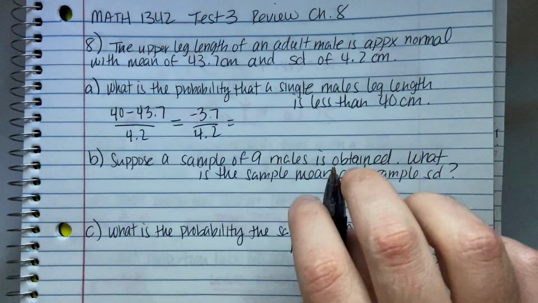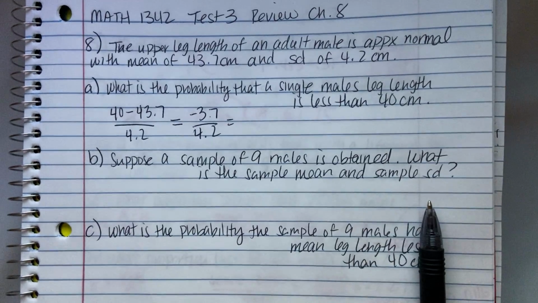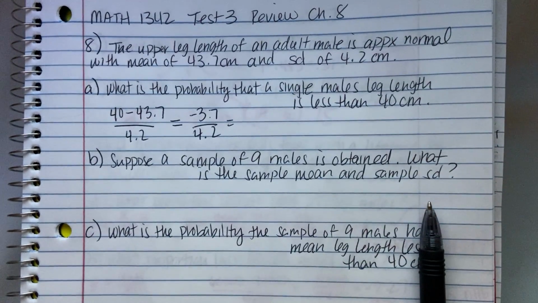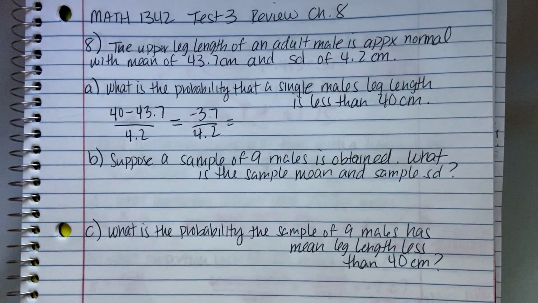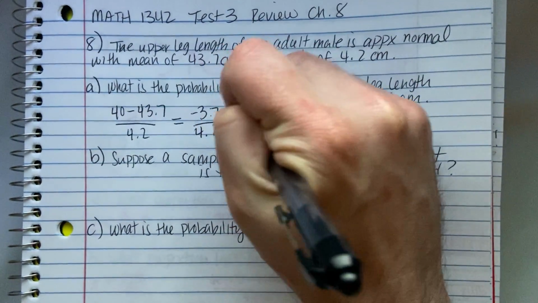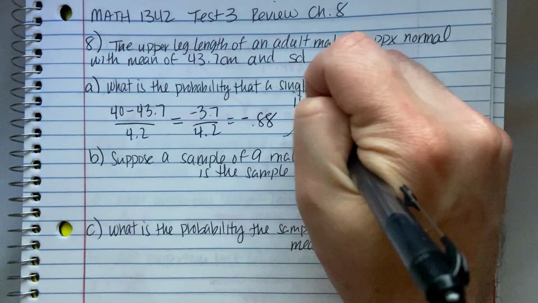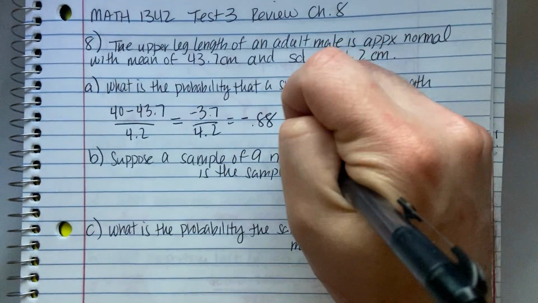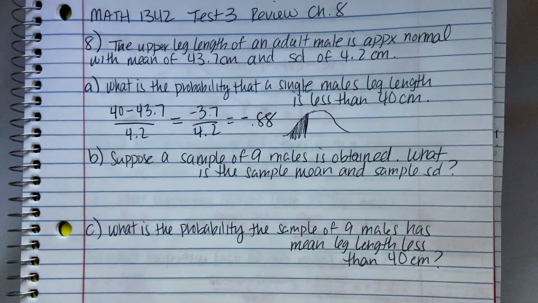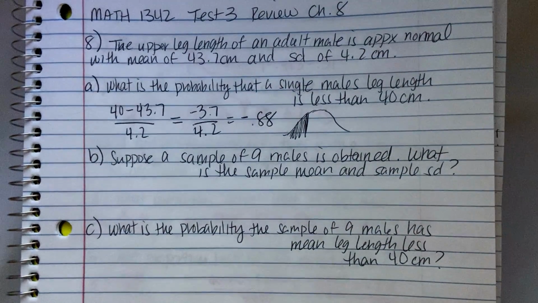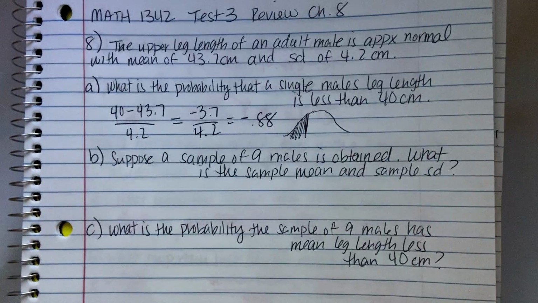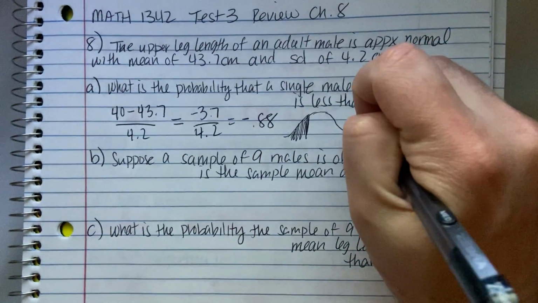As a z-score, that is negative 0.88. So we go to our z-table and find the area to the left of negative 0.88. So to do that, we look for negative 0.88. I show 0.1894.